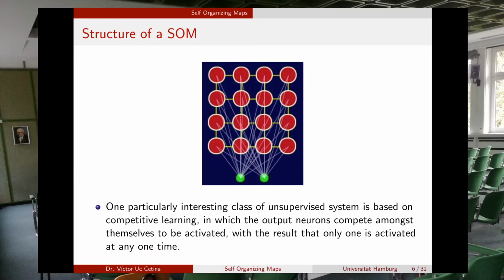As we will see, when one neuron is the winner neuron, not only that one is going to be modified, but a neighborhood centered around this winner neuron is going to be modified. So that's why we need these yellow lines, and these are not considered connections because there is no information going through these lines. That's why we say that the input vectors are connected to every single neuron in the same way, but there are no connections between pairs of neurons.